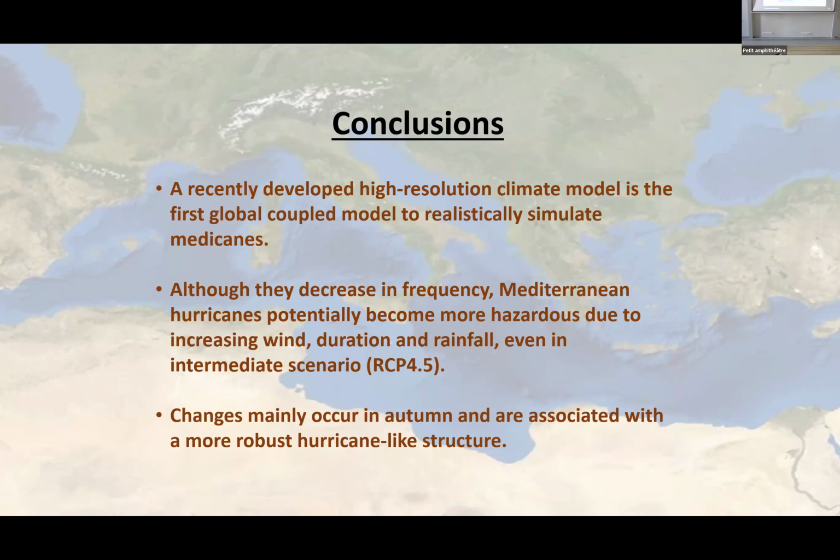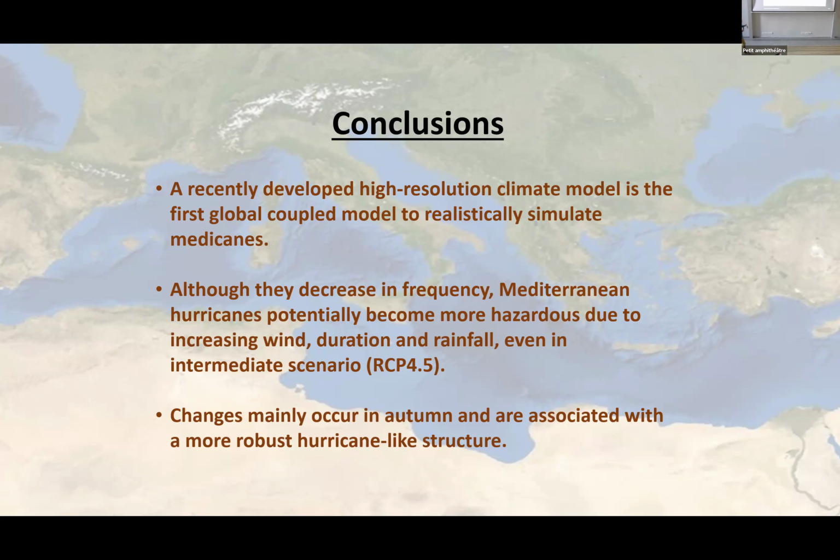The conclusion was that the good thing was that the model was coupled, so it is able to simulate the interaction with the ocean, and it was the first model of this kind used to study Medicanes.